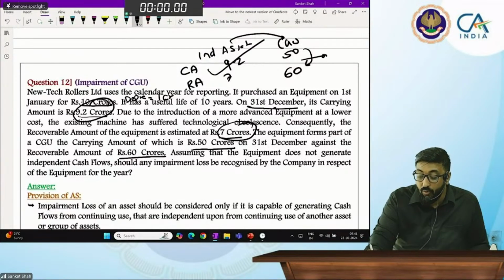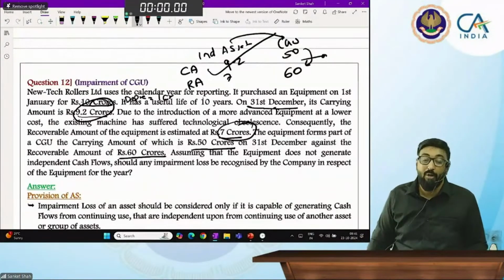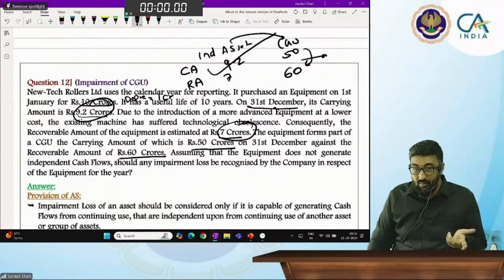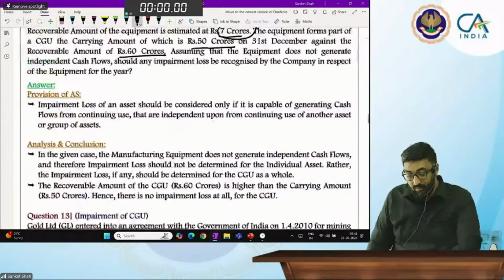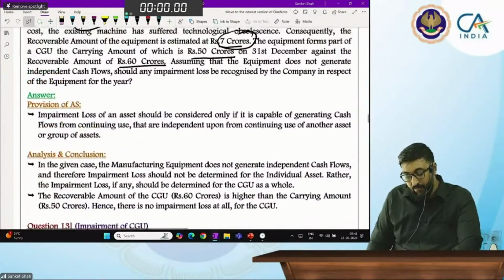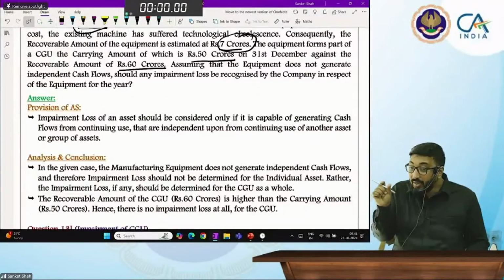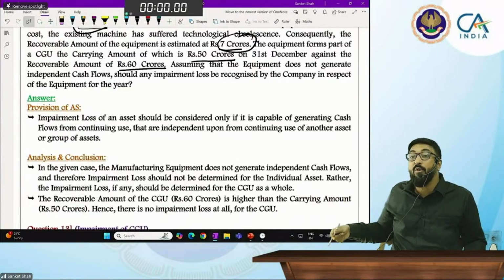हाँ, तो you will continue with 9.2. Got the concept? Yes, sir. Because the CGU in which you are using that asset is not getting impaired. Correct है? अगर CGU impair हुआ होता तो we would calculate the impairment of CGU, and on pro rata basis we are going to allocate it.